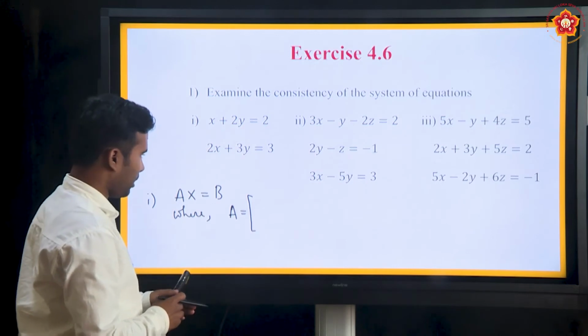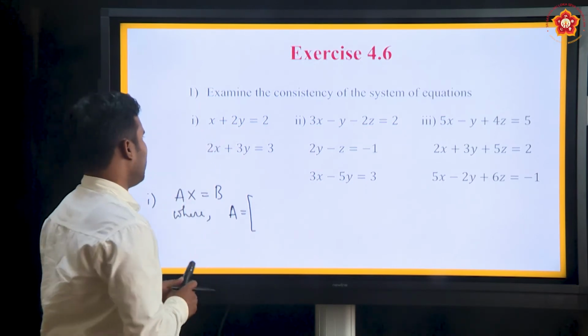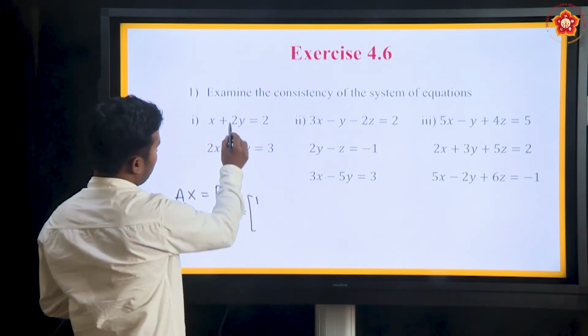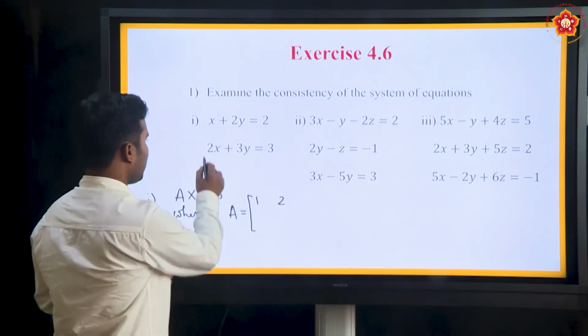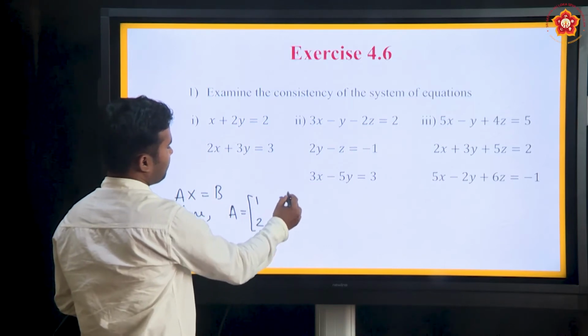Matrix A is nothing but the coefficients of the variables. The coefficients in the first row of A are 1 and 2, and in the second row 2 and 3.